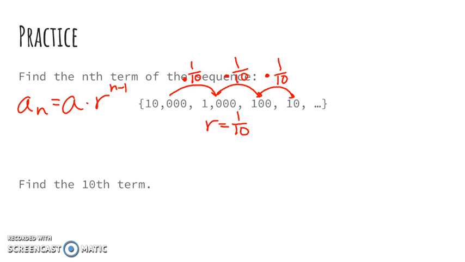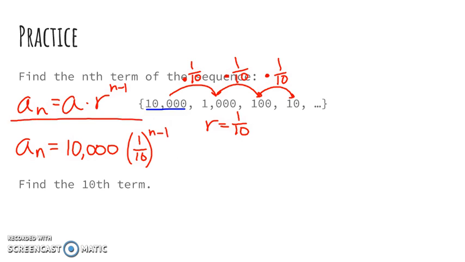And then my A value is always just the first term. Okay? So I've got A sub n equals, my A value was 10,000, and my R value was 1/10 to the n minus 1 power. That is my nth term formula.